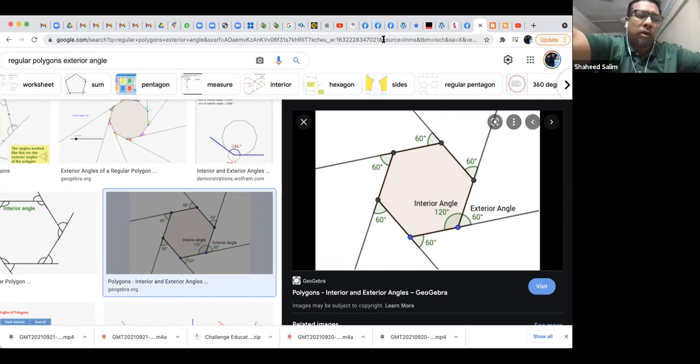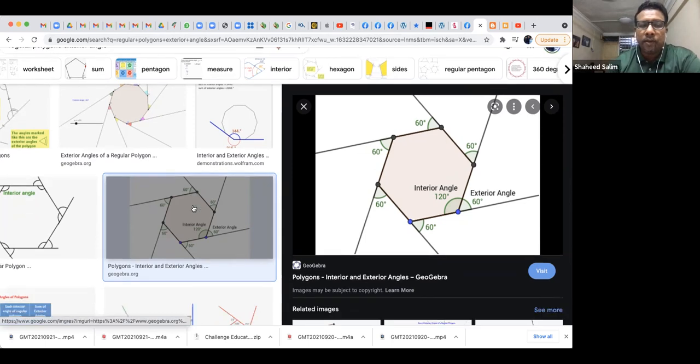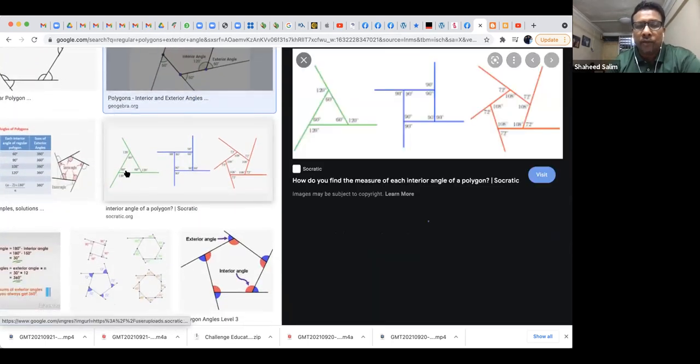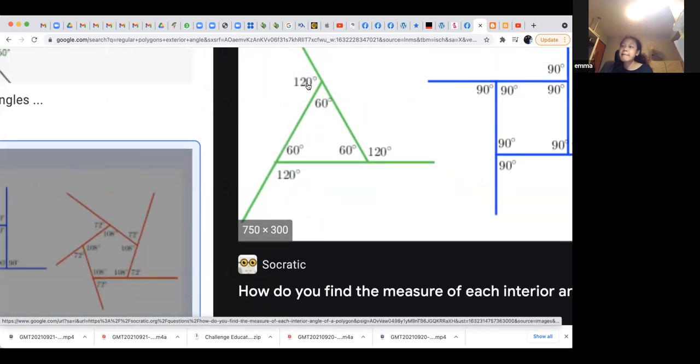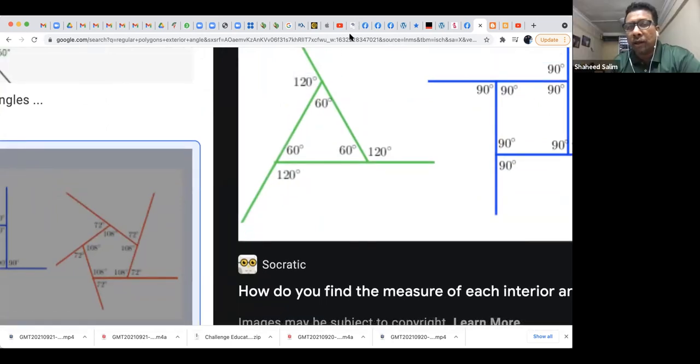Okay, so now I got to give you the formula, because the formula you can use even without drawing the thing. So what is the formula? Okay, you will remember this. Now let us look at triangle first. Triangle got 3 sides, right? What's the total in a triangle?